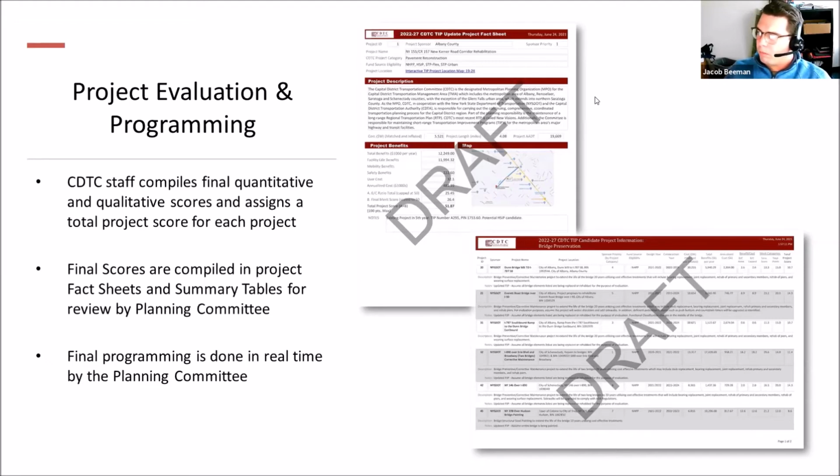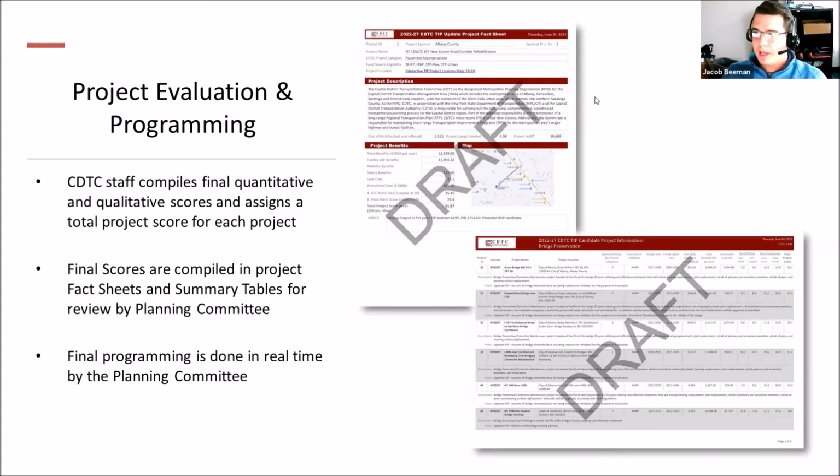So we really combine this into two main documents. The first is our project fact sheet, which is the document on top. The project fact sheet is one fact sheet per candidate project, and includes all of the major details of the project: project name, location, eligible fund sources, and the project priority of the sponsor.